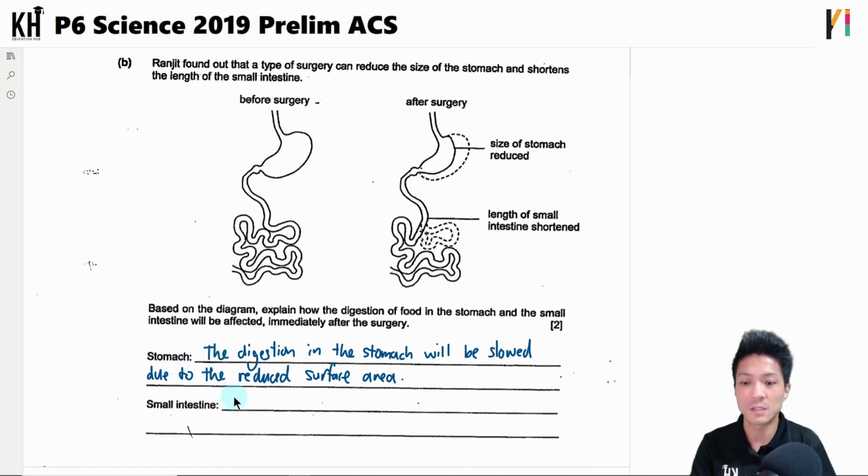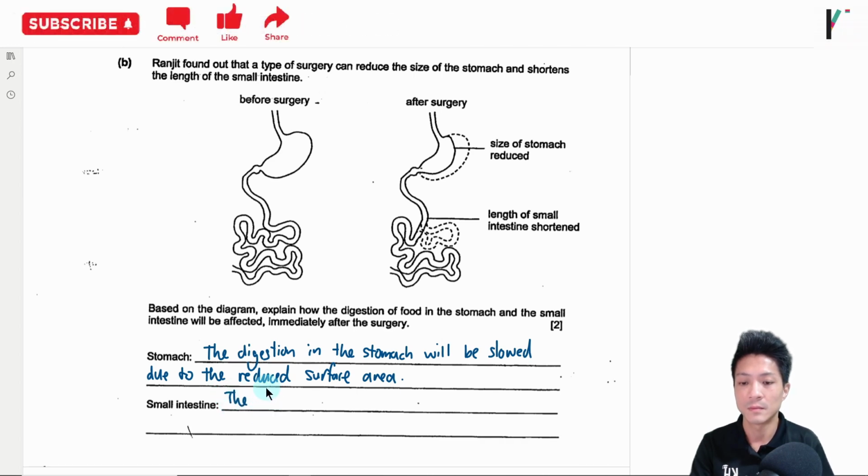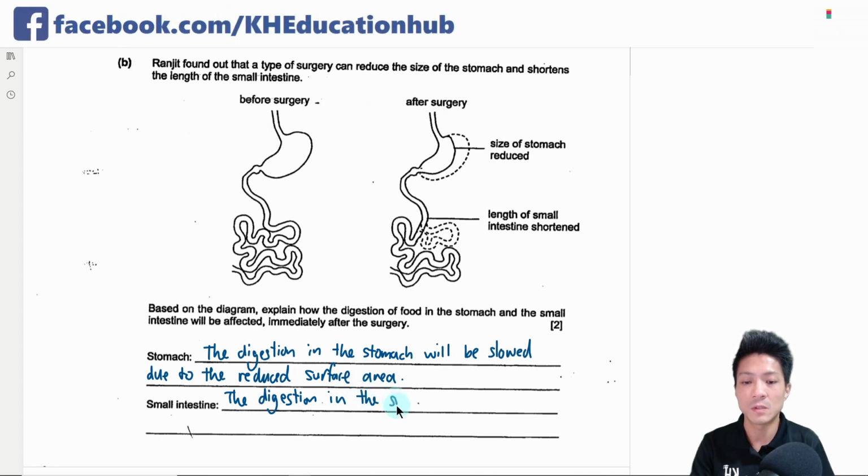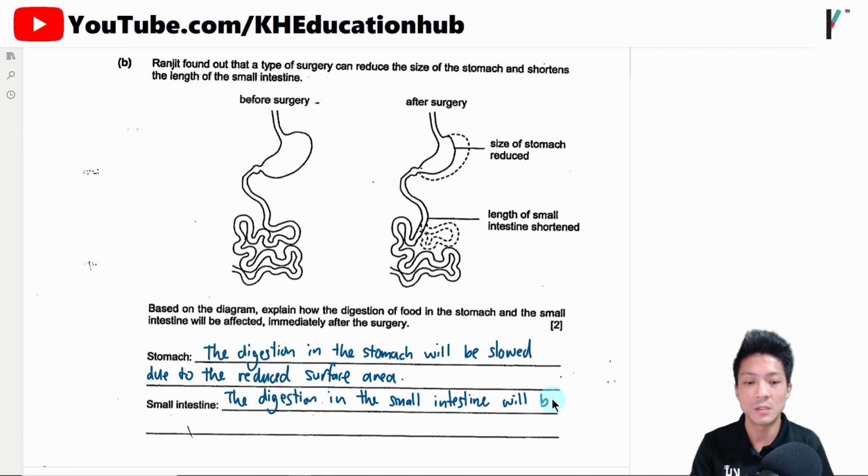Okay, so for the small intestine it is also the same. The digestion in the small intestine will be slower.